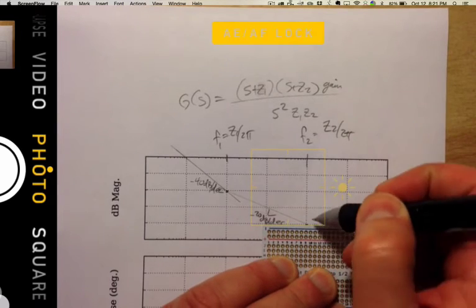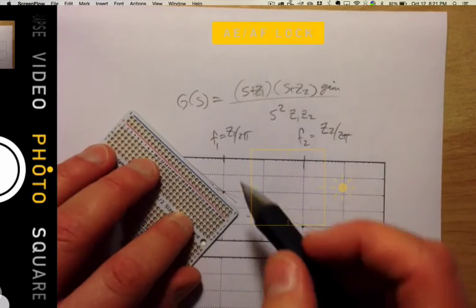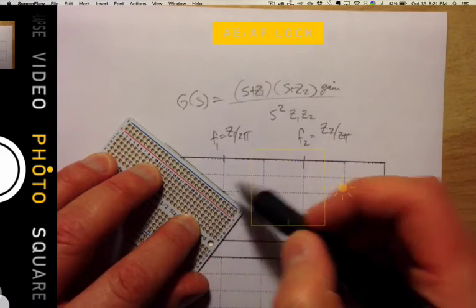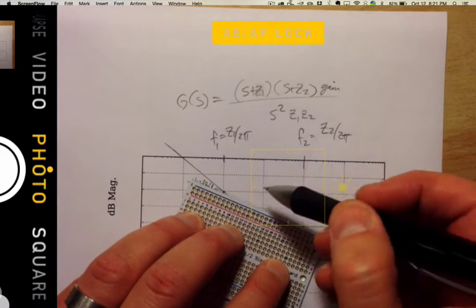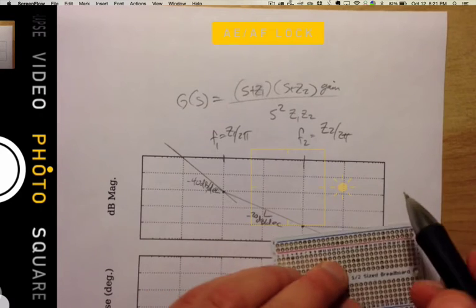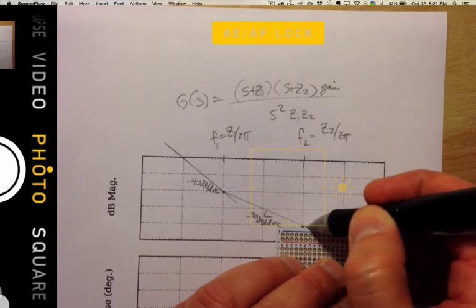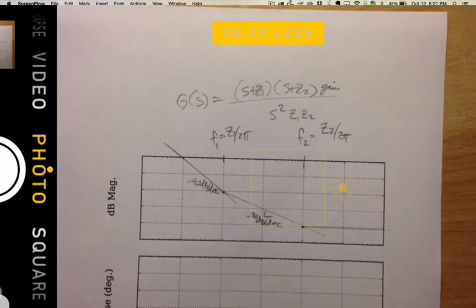So it will finally flatten out. As long as Z1 and Z2 are far enough apart, I'll see three distinct asymptote regions in my Bode plot.